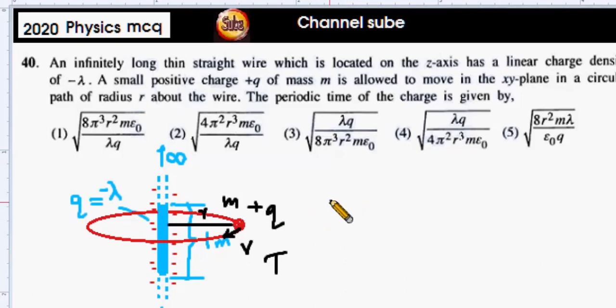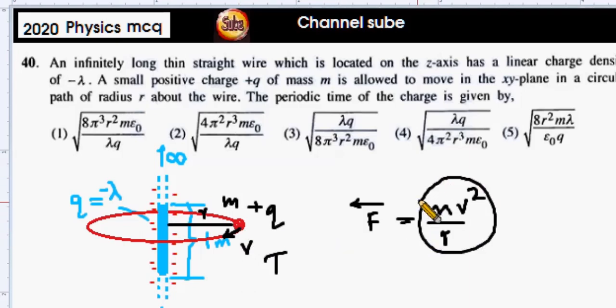If a particle or any object moves along a circular path, we know that a centripetal force must be there, that equals mv squared divided by r. F equals mv squared divided by r. So that is the force that is necessary to move along this circular path.